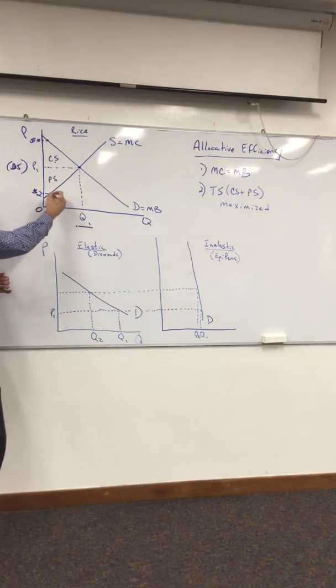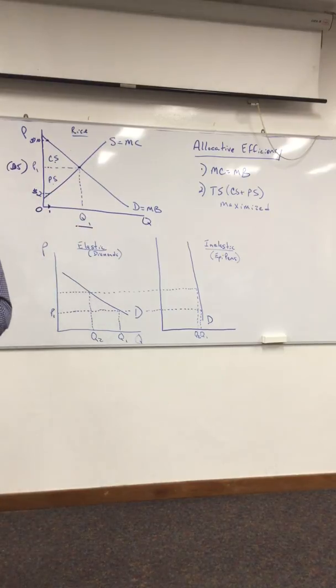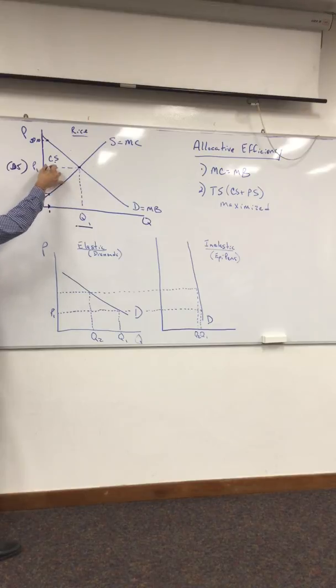Producers, as you can see from the supply curve, can produce the good up until Q1 for something less than $5. So for example, at the first unit, it costs them $2 to produce that unit, but they can sell it for $5. They make a $3 profit, $3 economic profit, and we call that producer surplus.